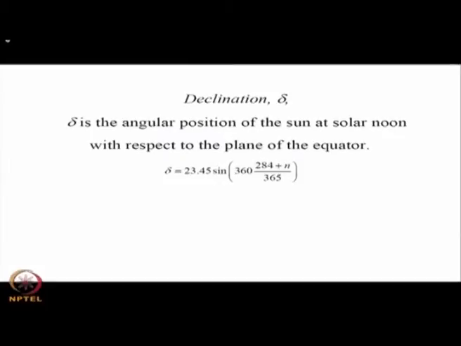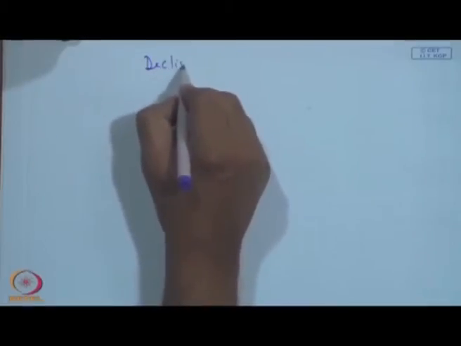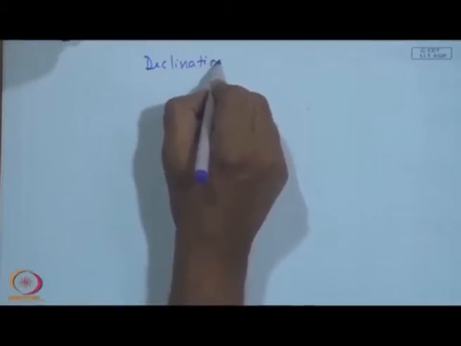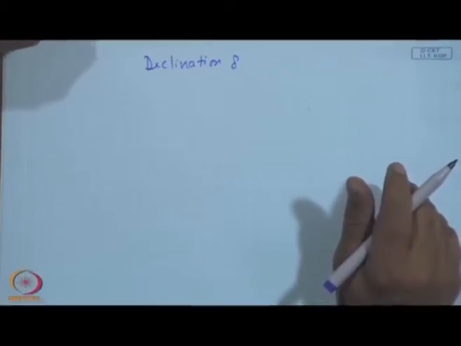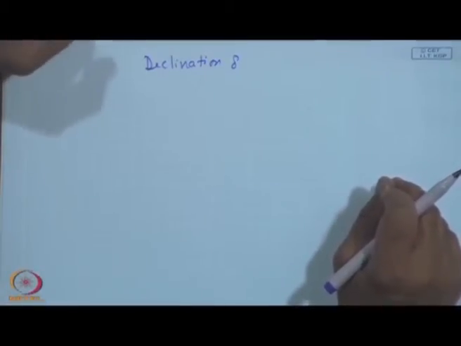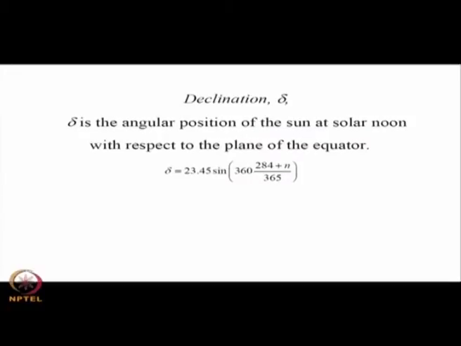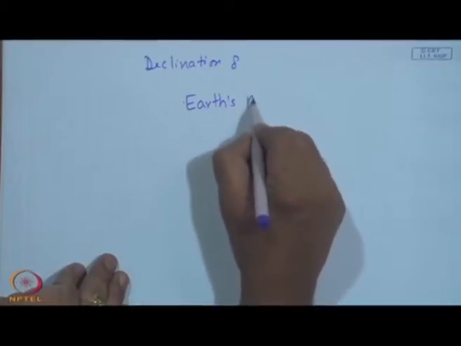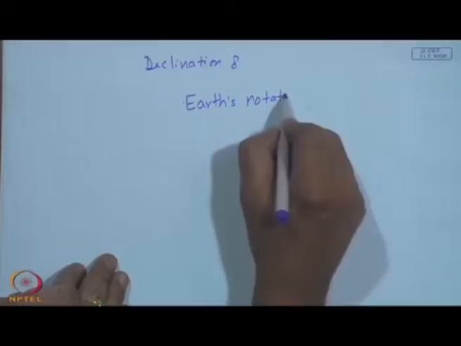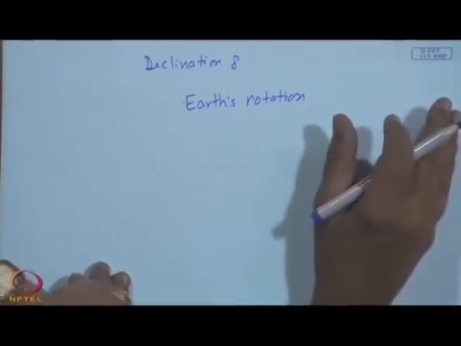And then there is the declination. Delta is the angular position of the sun at solar noon with respect to the plane of the equator. You can just search Google for Earth's rotation; you have excellent videos and excellent figures, which I can reproduce here so you have an understanding.